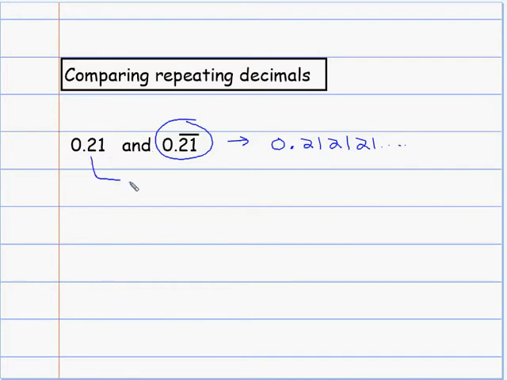So we're going to put this number over here. I'll write that one in red. We're going to compare 21 hundredths with the 21 hundredths that repeat.